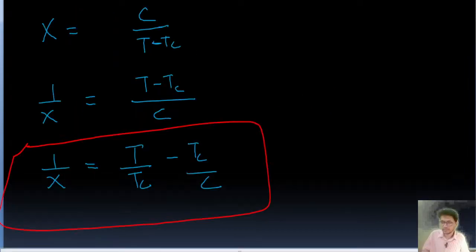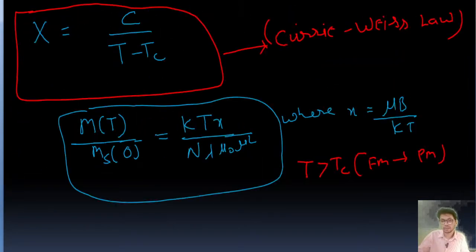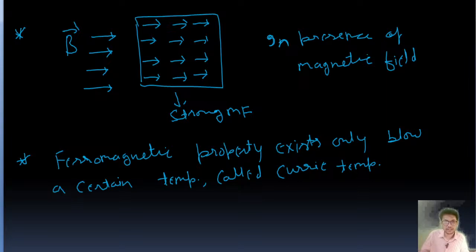One more point here, guys: this is the Curie temperature, Tc. Below this temperature, substance will be ferromagnetic, and above this temperature substance will be paramagnetic.